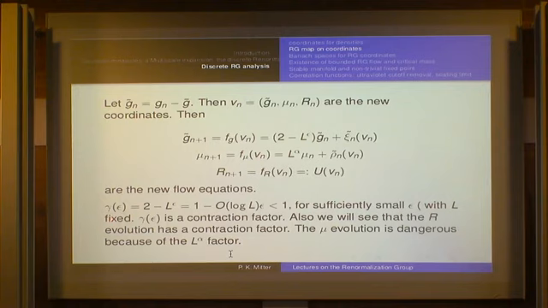So already there is a contraction factor over here, but this stuff is there to mess it around a little bit. Now R also has a contraction factor which I write down. But the mu evolution is dangerous because it's growing. L to the alpha is growing.